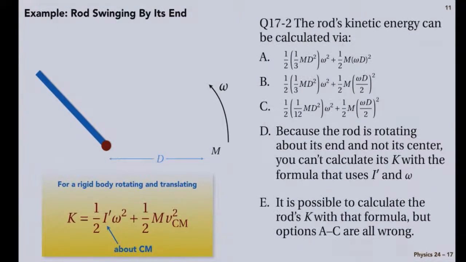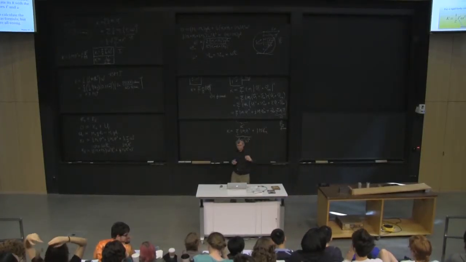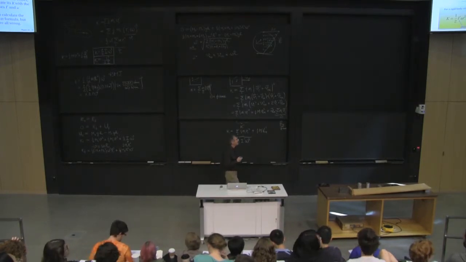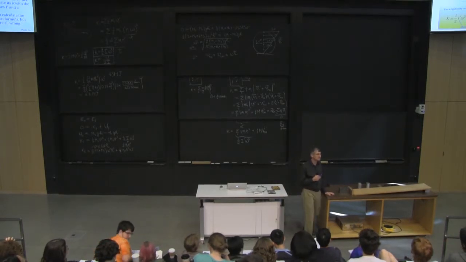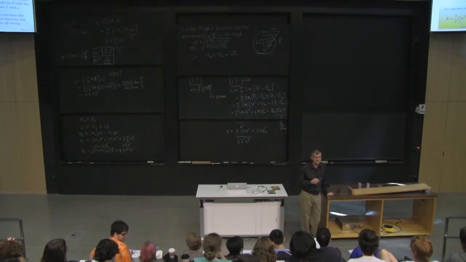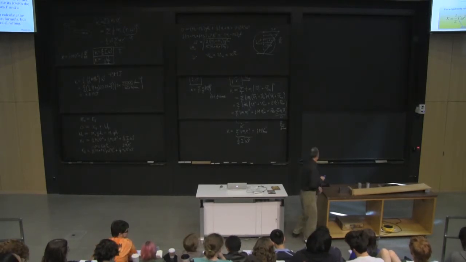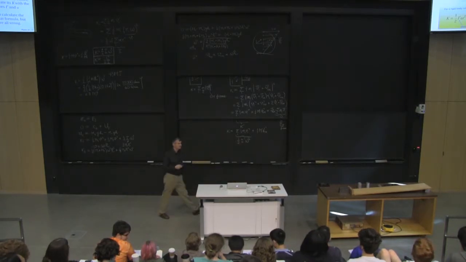Okay? Because often I won't have an object that's in a pure rotation. It will be some combination of translation and rotation. And we can then use this theorem to compute its kinetic energy.